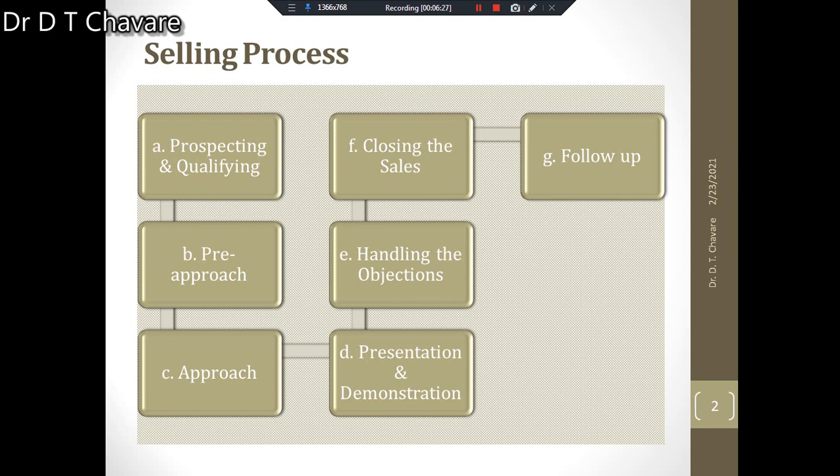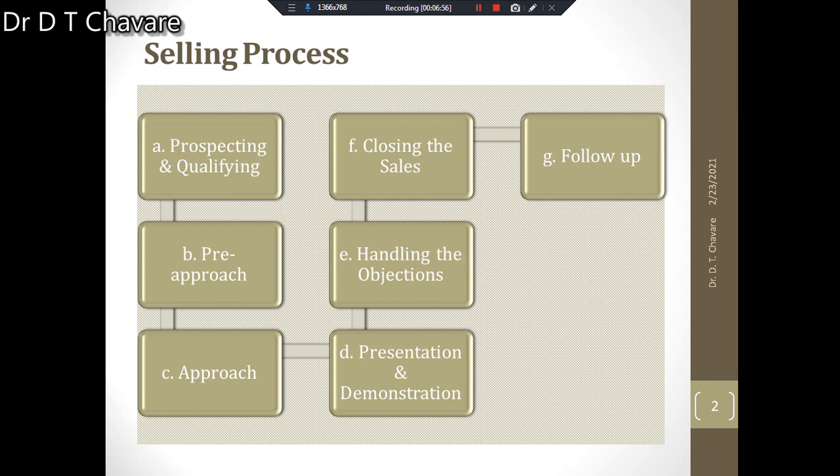First stage is prospecting and qualifying. Second is pre-approach. Next, approach. Next step is presentation and demonstration. Then handling objections. Then closing the sale, and the last, follow-up. These are the different stages you have to follow in the selling process. We have to study in detail step by step, one by one.